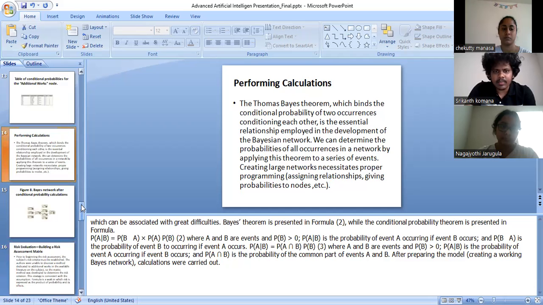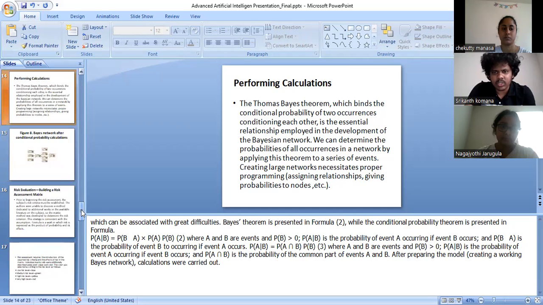Performing calculations. The Thomas Bayes theorem, which binds the conditional probability of two occurrences conditioning each other, is the essential relationship employed in the development of the Bayes network. We can determine the probability of all occurrences in a network by applying this theorem to a series of events. Creating a large network necessitates proper programming and assigning probabilities to the nodes, which can be associated with great difficulties.